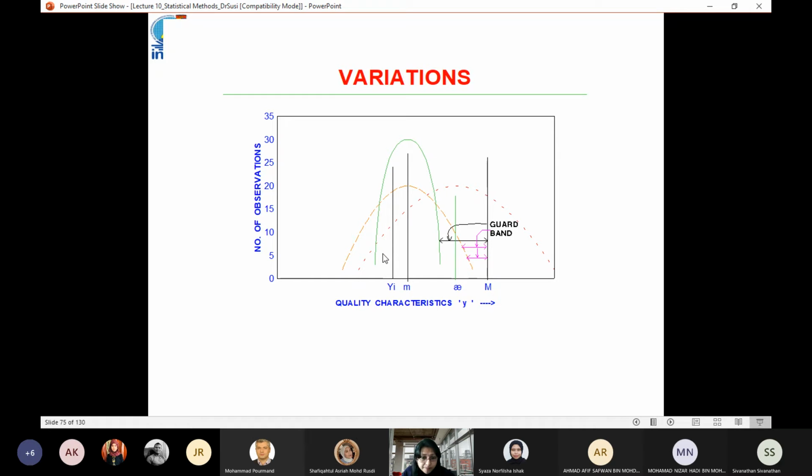You reduce your sigma. The second thing that you try to do is bring your mean on the target. If this is your mean, and this bigger mean is your target value, we call it bringing the mean on target. So 2 things that you want to do. The first is reduce the variance. The second is bring the mean on target.